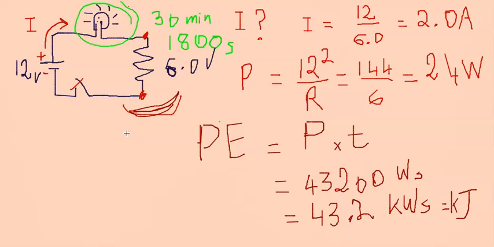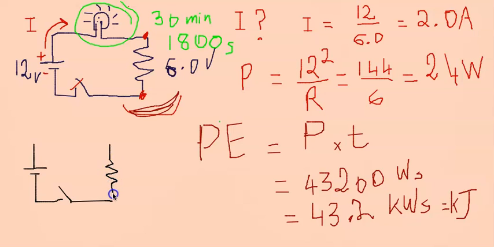In this case, we studied just one resistance. If I change it a little bit, I'm going to keep exactly the same numerical values, but we're going to make two resistances in parallel.